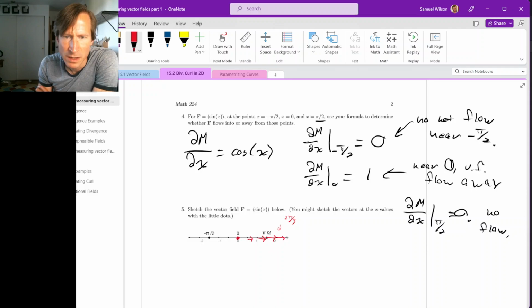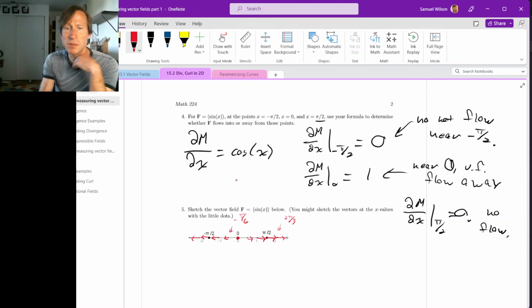At minus pi over 6, so this is minus pi over 6 right here, we're going to get minus a half, and then minus root 3 over 2, and then minus 1, and then minus root 3 over 2 again.